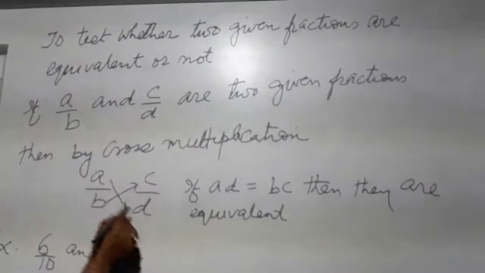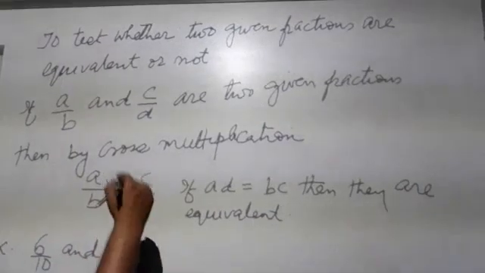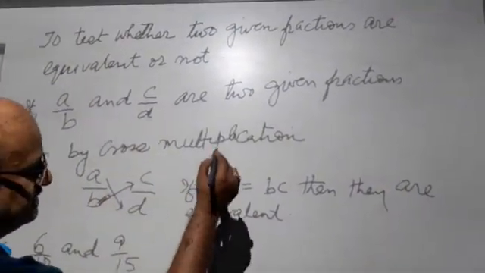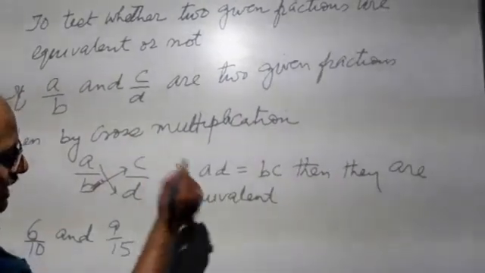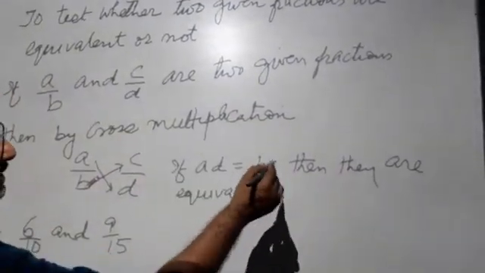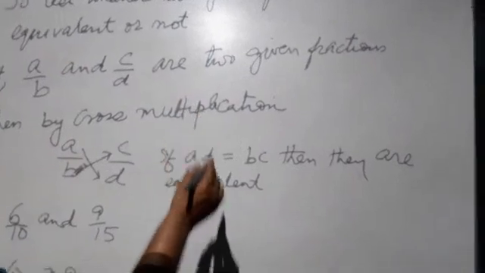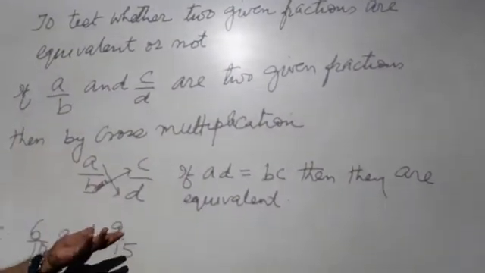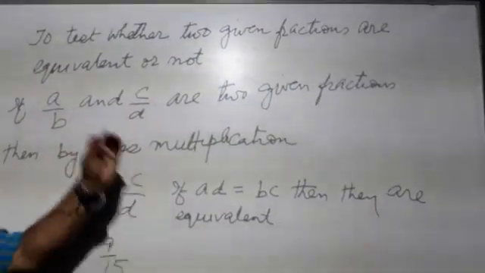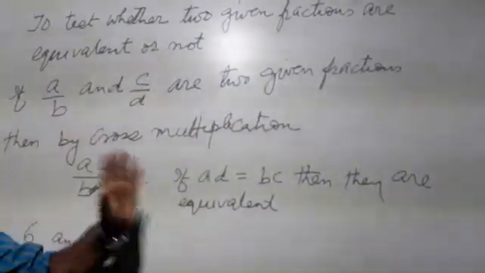That means A into D, B into C. If AD is equal to BC, then they are equivalent. If AD is not equal to BC, they are not equivalent. Therefore, if the cross products are equal, then they are equivalent. If the cross products are not equal, they are not equivalent.